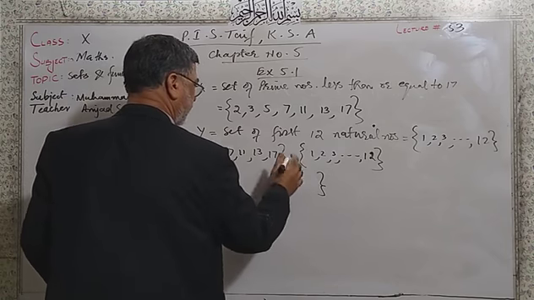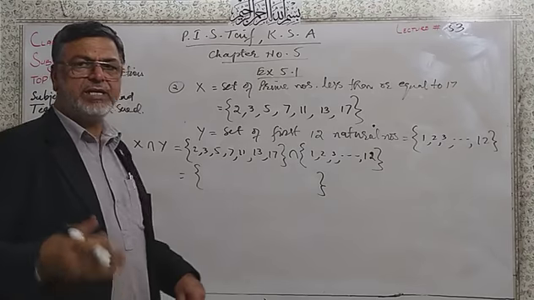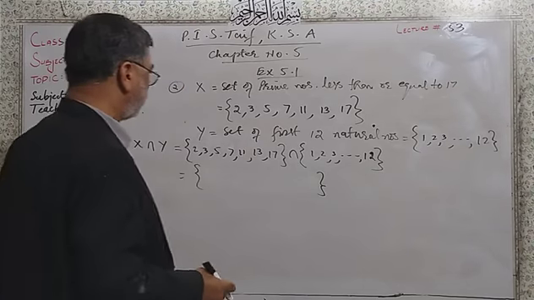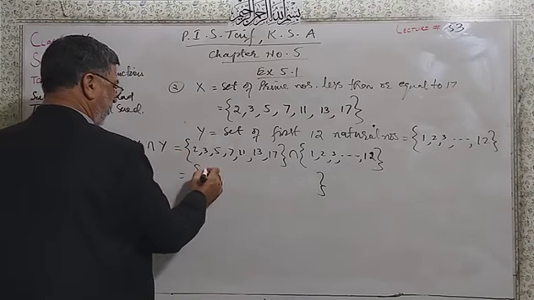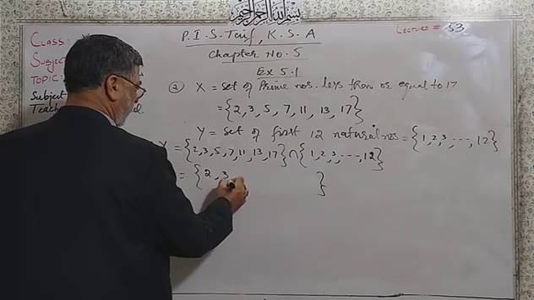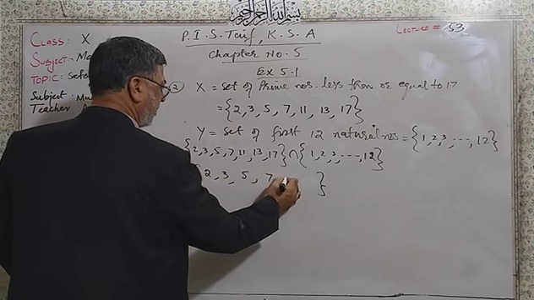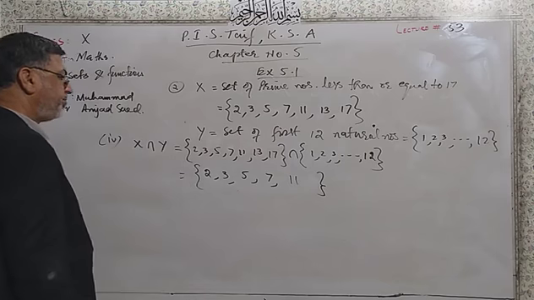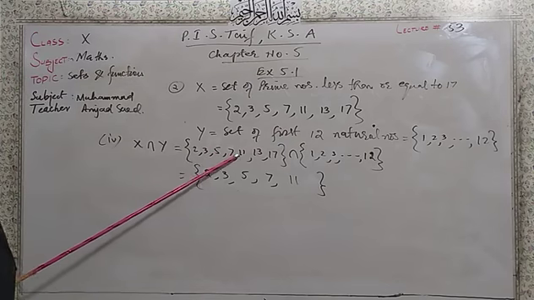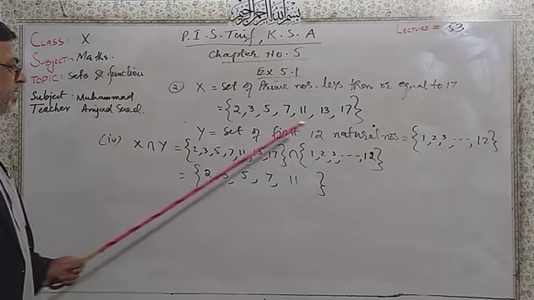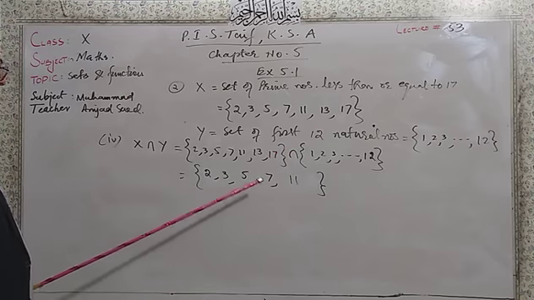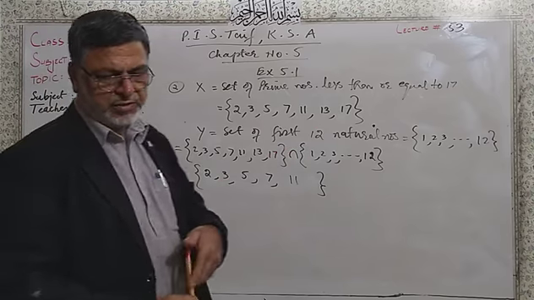Here is the intersection. Intersection means common members of two sets. Definitely 2 is present in both, 3, 5, 7 and 11. 2, 3, 5, 7, 11 are present in both. So this is your part number 4.